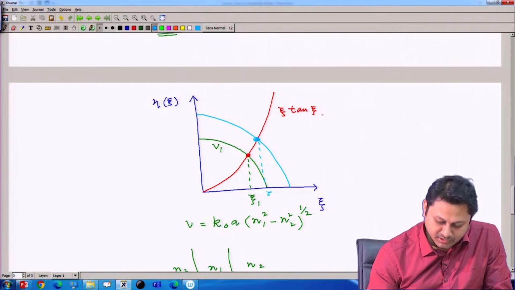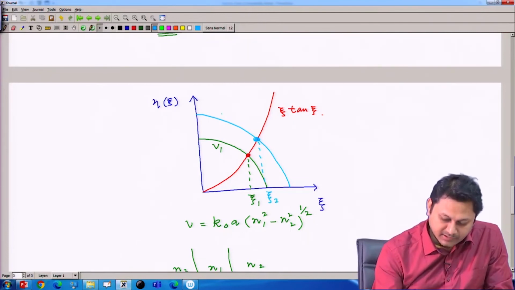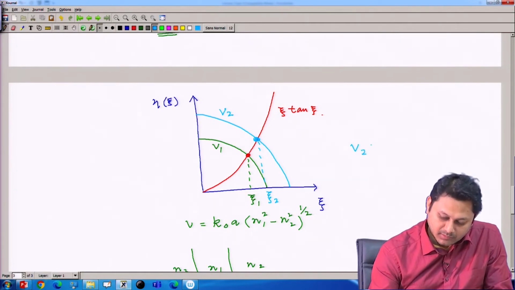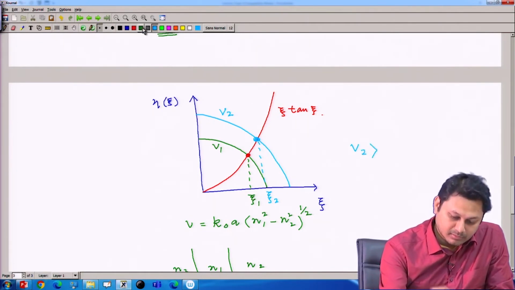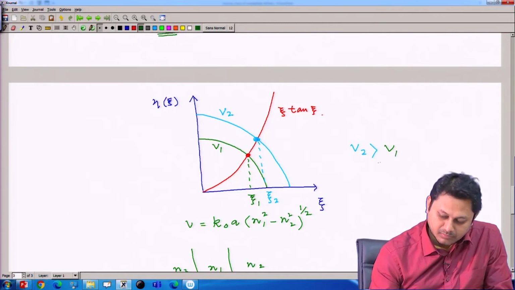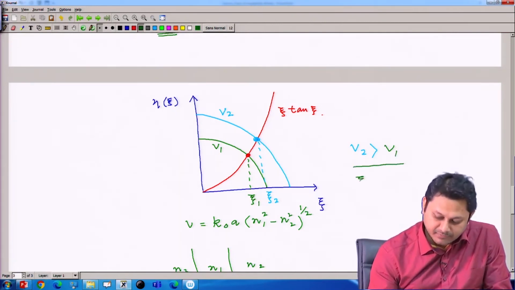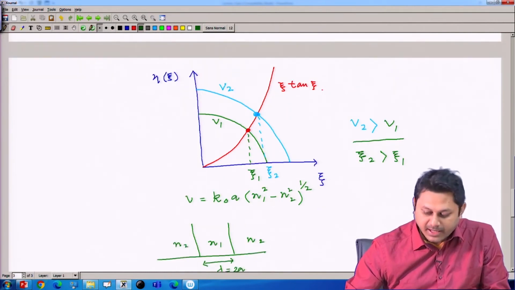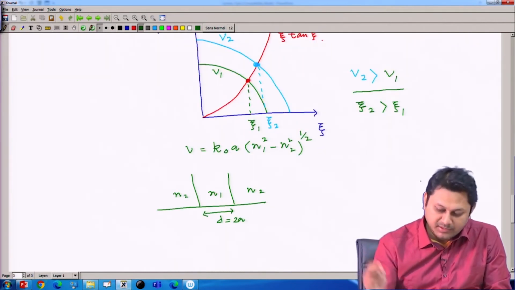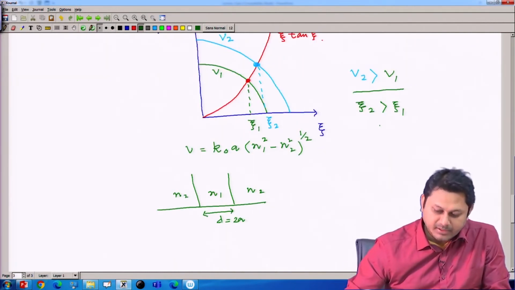Say this solution is xi 2, and this is for another value V 2. So, obviously V 2 is greater than V 1. If that is the case, then I have xi 2 which is greater than xi 1.